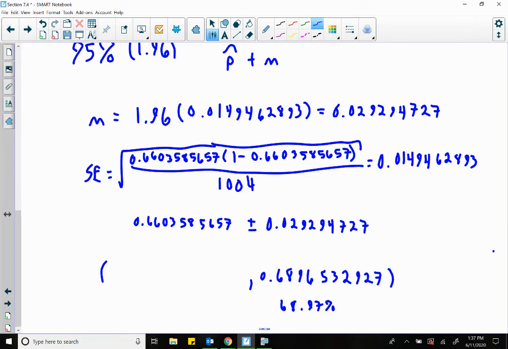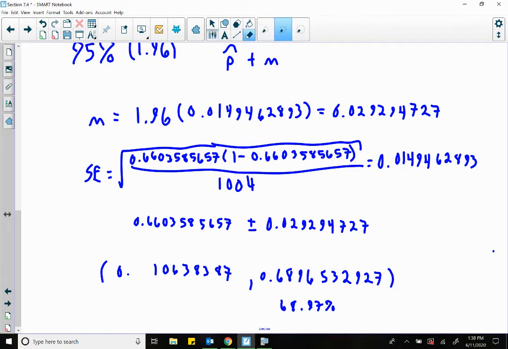And then the bottom, we'll just take that same problem that we had and make it subtraction, would be 0.6310638387.